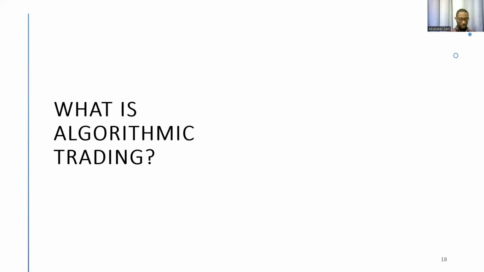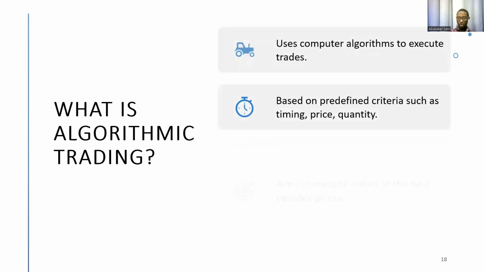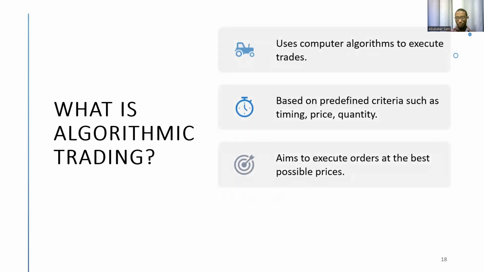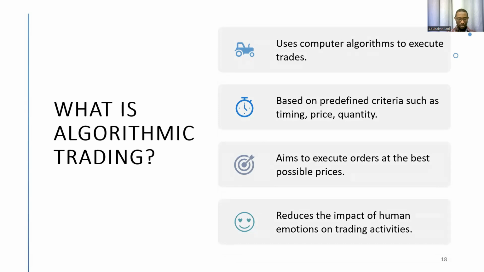And that is where algorithmic trading comes, where you put in step by step, put everything in written, executable code, and that will be able to help you determine when is the best time to buy, at what price is the best price to buy, what is the quantity to buy. Okay. The main thing is it helps to reduce the impact of human emotions when trading.